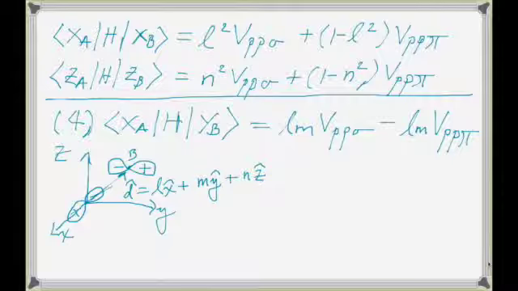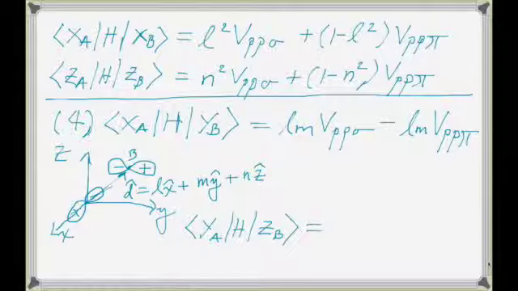Once you write that down, as usual, you can immediately write down the other ones, such as y on A and z on B. You just replace the l and the m with now the m and the n.